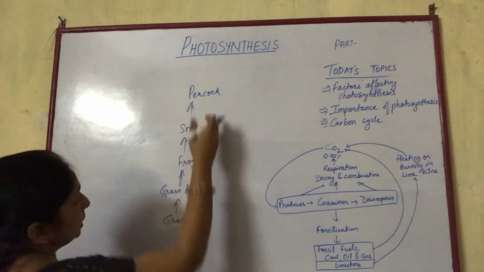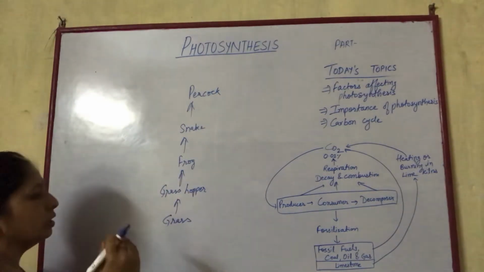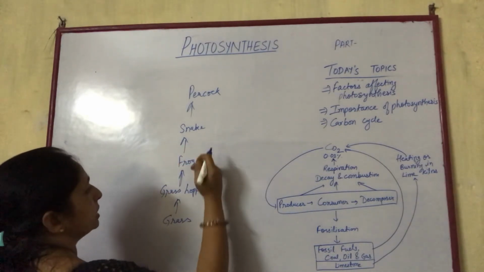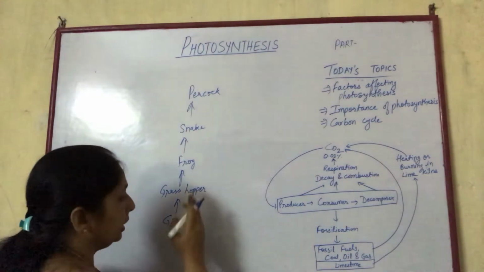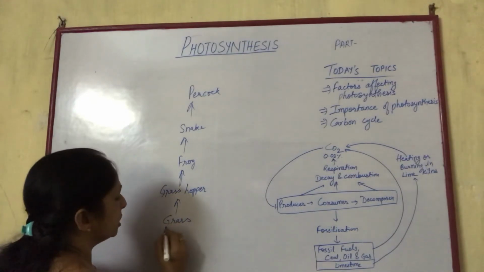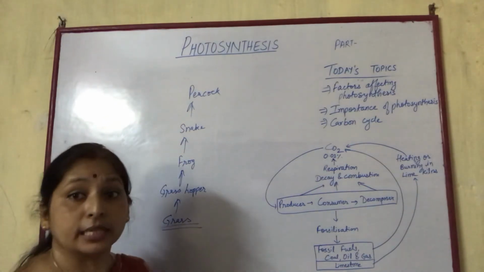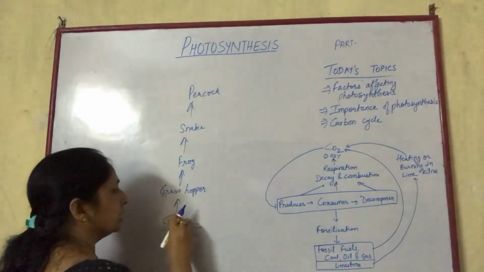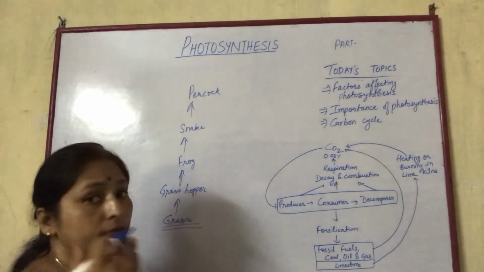In this food chain, all the levels, the trophic levels, first, second, third and last, are directly or indirectly dependent on this grass, which performs photosynthesis, and photosynthesis is the main food product. Food of grass is taken up by the grasshopper, then the frog, snake and peacock in successive manner.